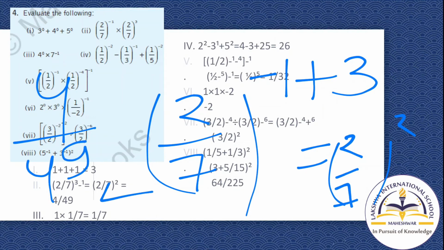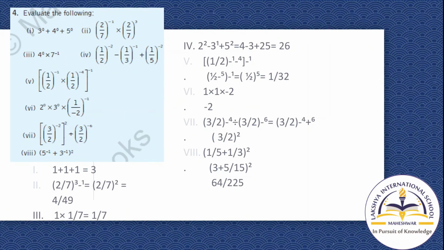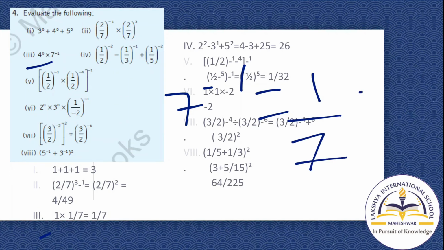So 4 by 49 will be the answer. Now in the same manner you have to solve the next one. Question number third is a very easy question. 4 raised to the power 0 is 1, and you can write 7 to the power minus 1 equals 1 by 7. So 1 by 7 will be the answer.